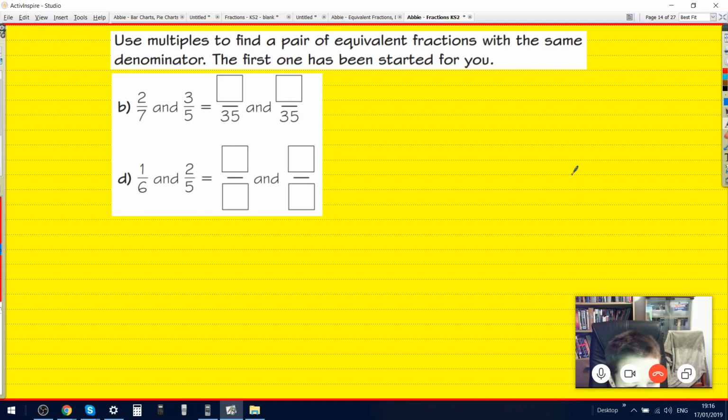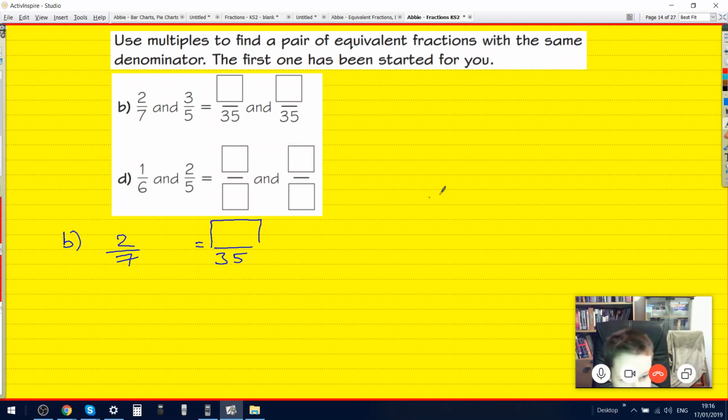So for B, I think you would times 2 and 3 together. Well, because the 7 and 5 are times each other, is it? Well, yes. So 2 over 7 is equal to something over 35.